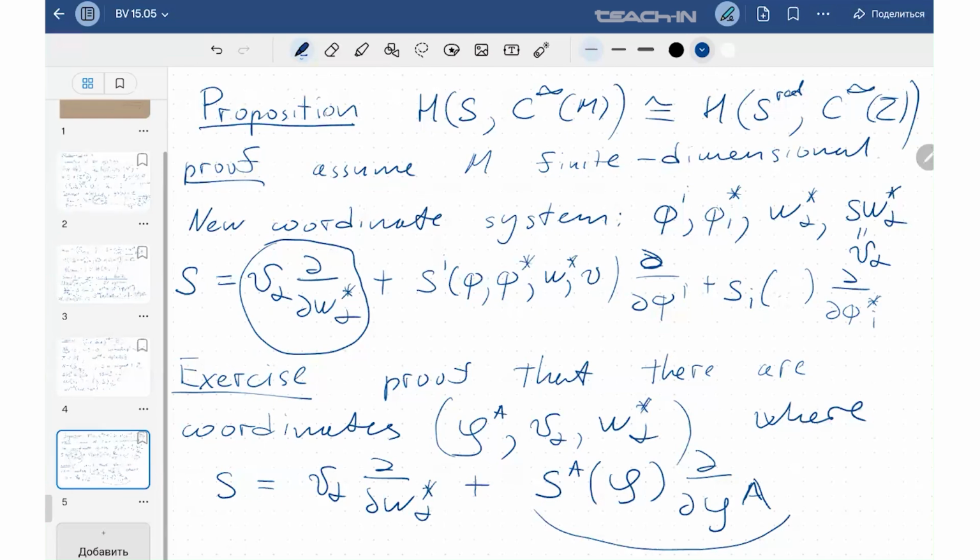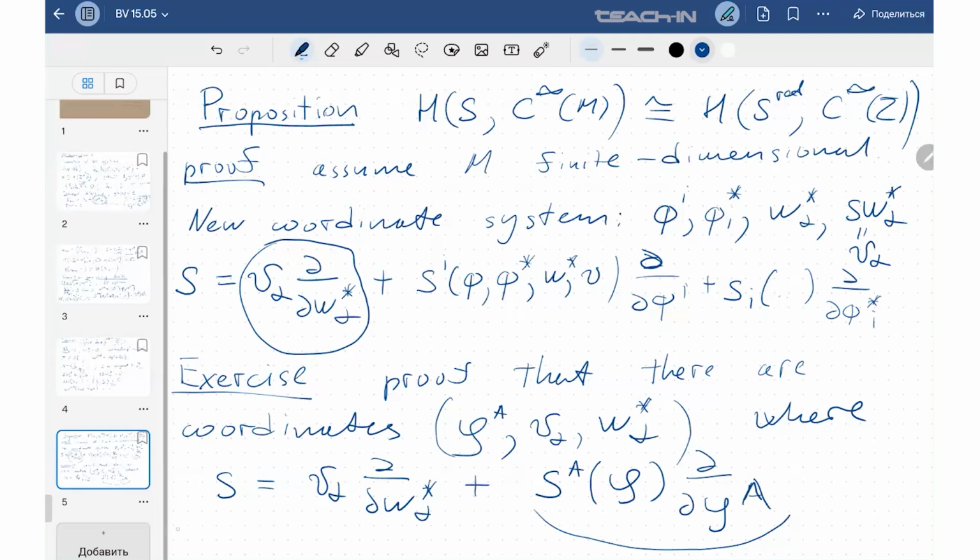So we prove, if we succeed in showing that we can pick coordinates phi in such a way that the differential takes this form, then we are done. Of course, we don't take global geometry into account. All these are local considerations, local in the sense of a coordinate neighborhood. Okay, good.